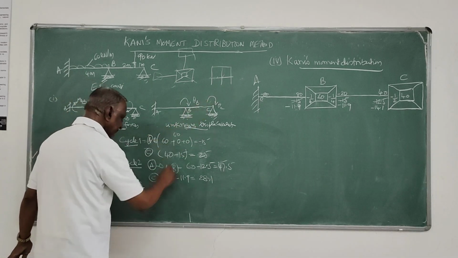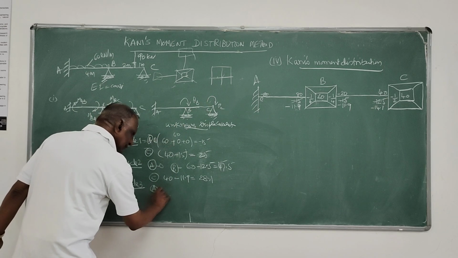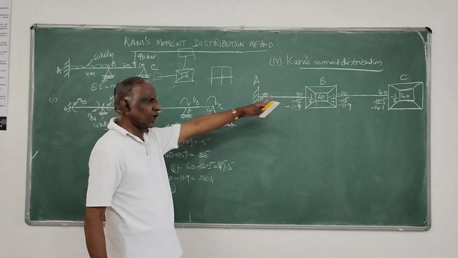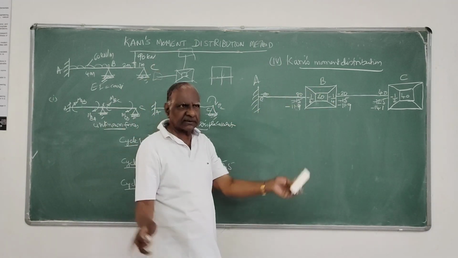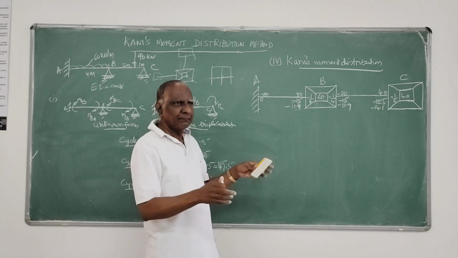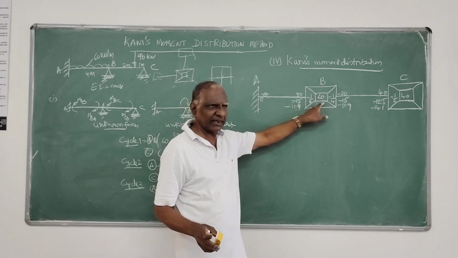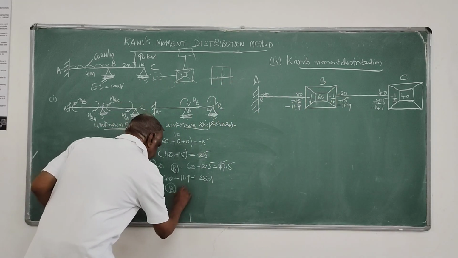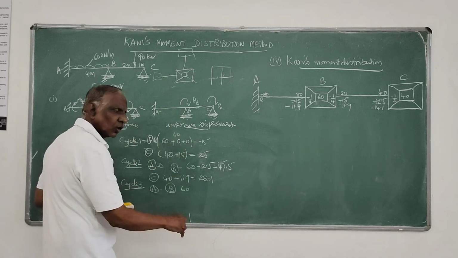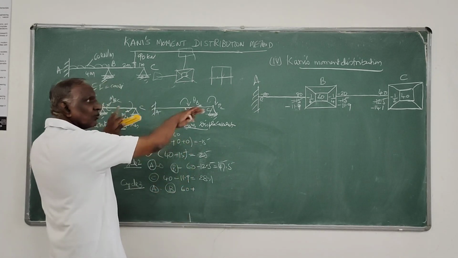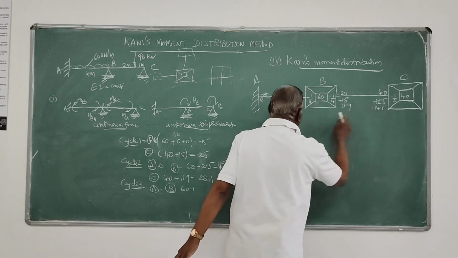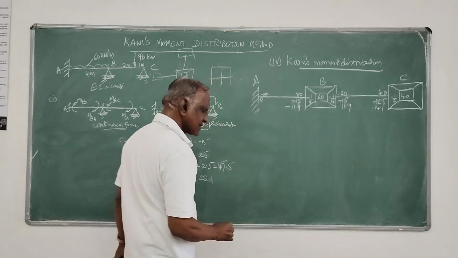So start again with A, nothing. Then go to joint B, with the sum of the fixed end moments of all members meeting at the joint. That already I have written, 80 minus 20. That's the sum of the fixed end moments due to given load. Then moment due to the further end rotation moment, that I got here, 14.1. Here it is 0.